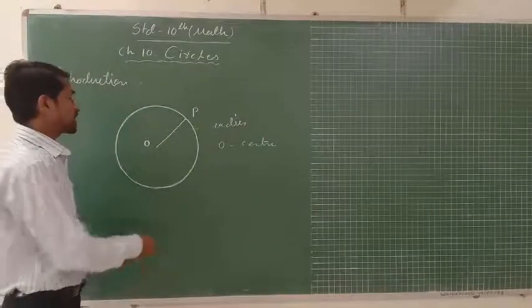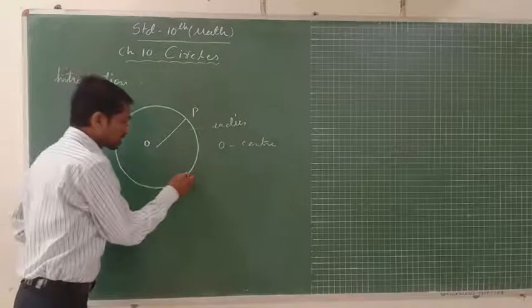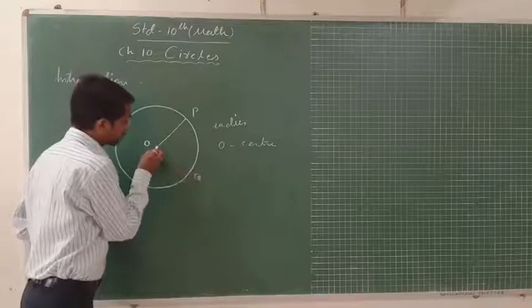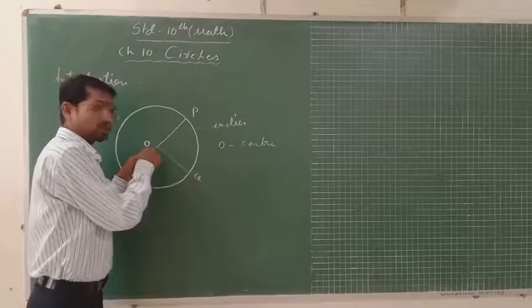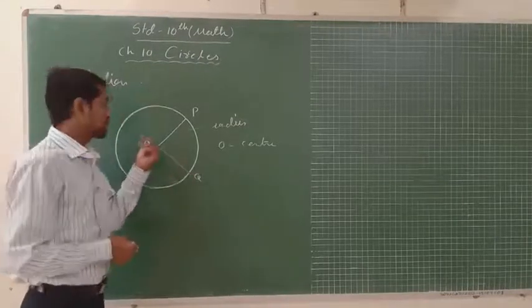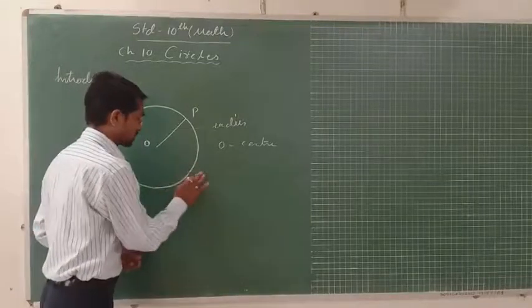Now suppose we take another point here, Q, anywhere on the circle, and we join it. This is also the fixed distance from the fixed point. So the fixed distance is called the radius and the fixed point is called the center of the circle.